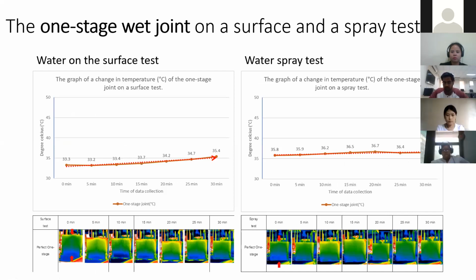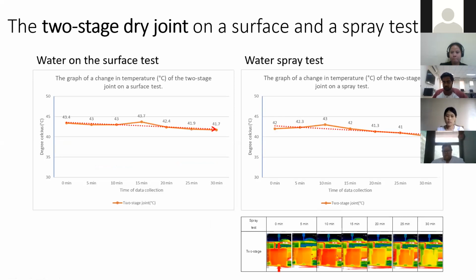For the one-stage wet joint on the two tests, both show an increase in temperature, which shows that there is no water leakage. The increase in temperature is actually from the relative temperature from the outside.